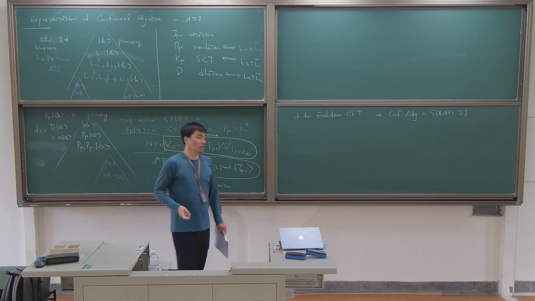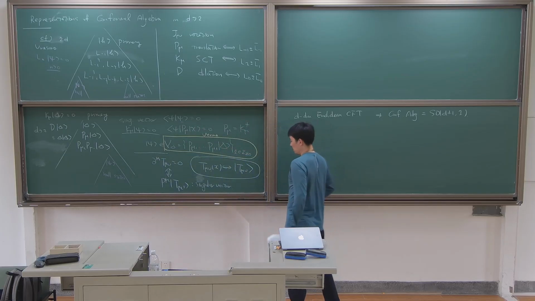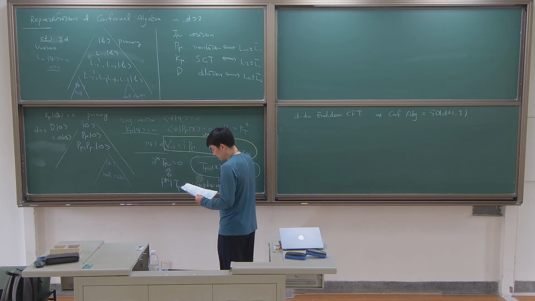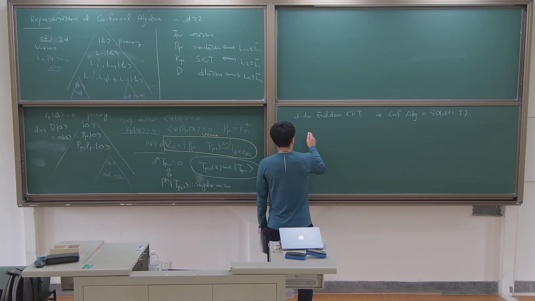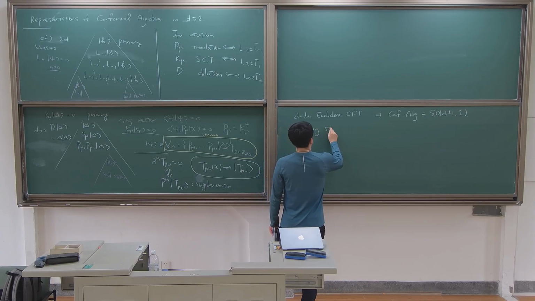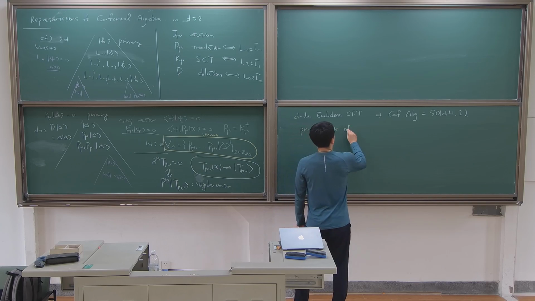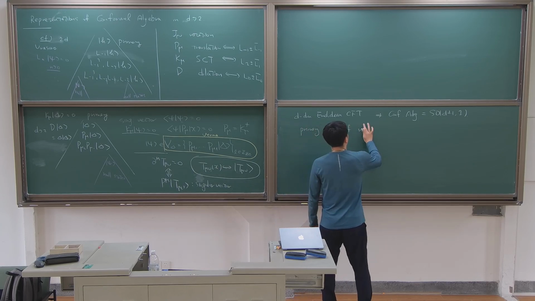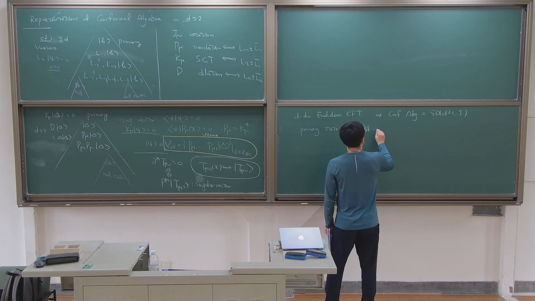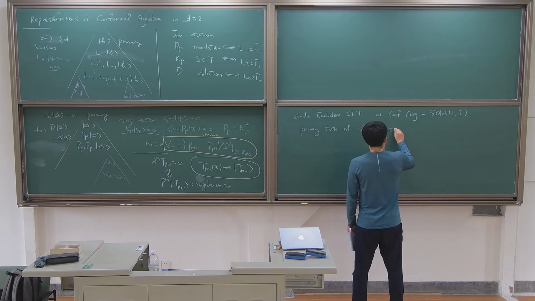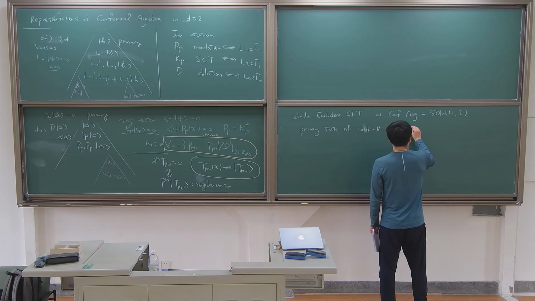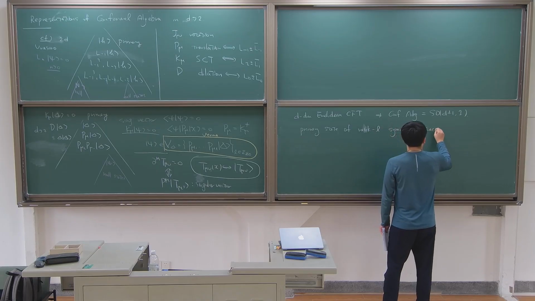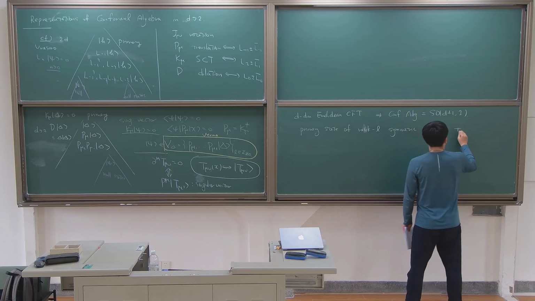To find the irreducible representation, we need to find a singular vector. So let's consider a primary state of rank L, a symmetric traceless tensor.